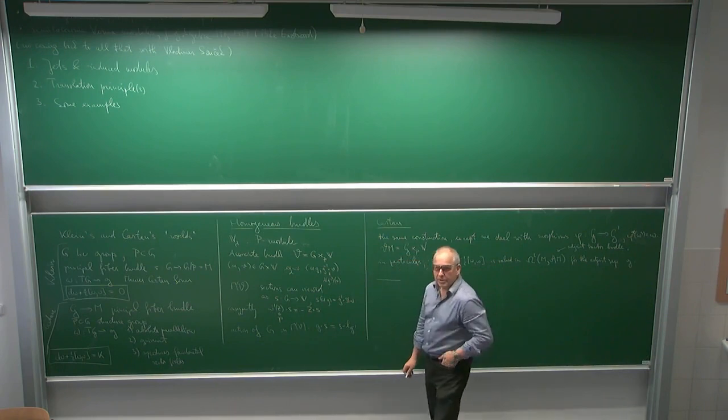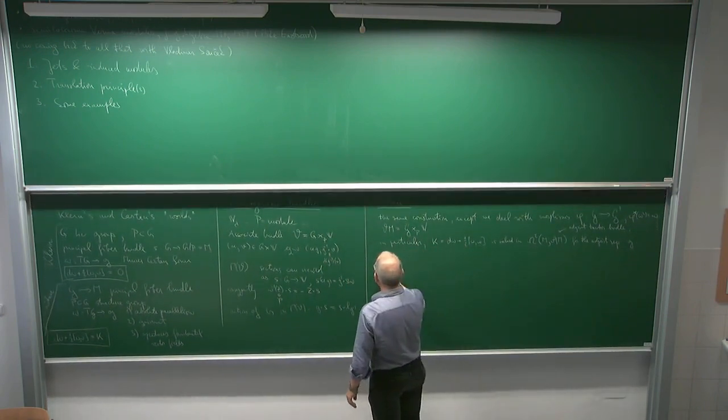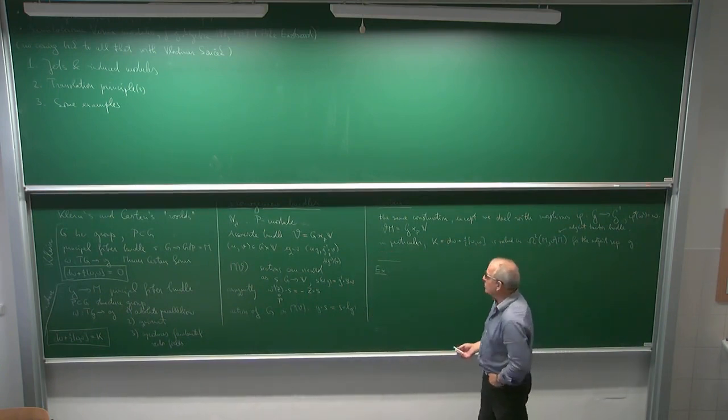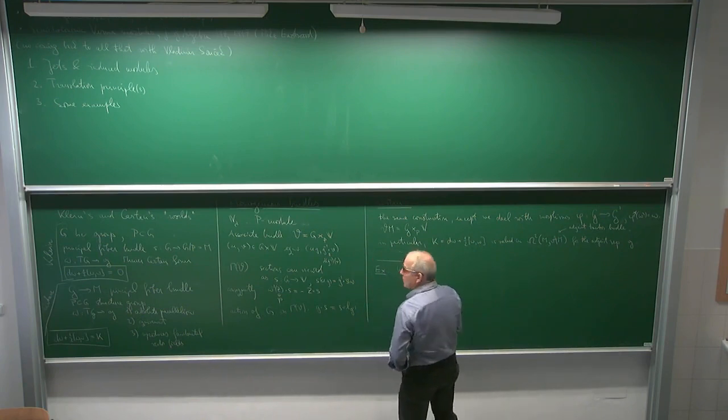let's have a very simple example. And the very simple example would be what happens if G is the affine group, or, well, why not, the affine group of R^n.